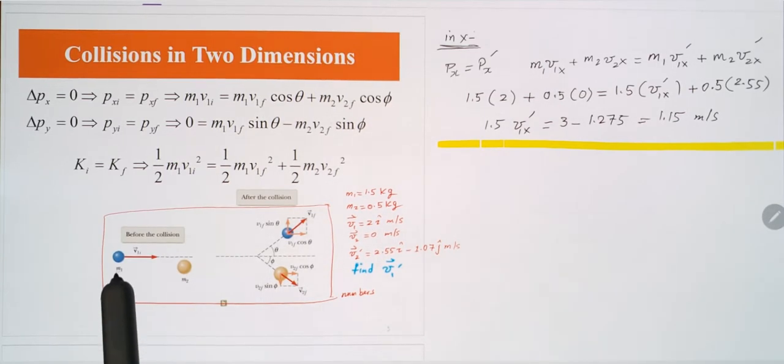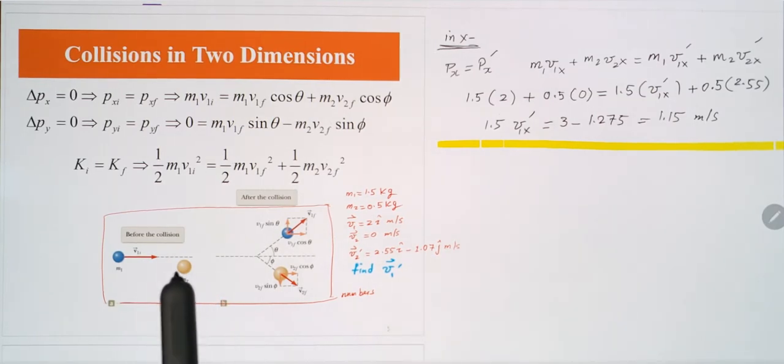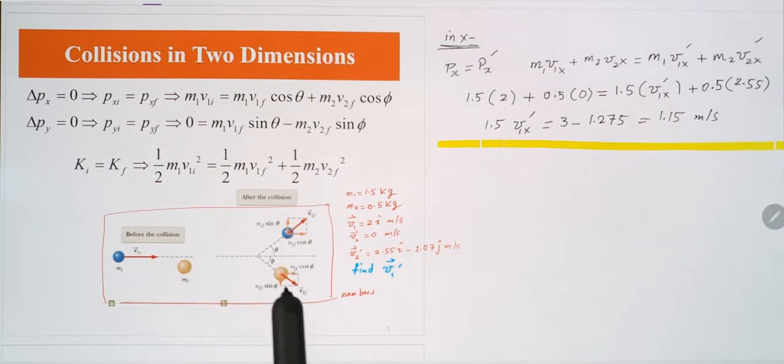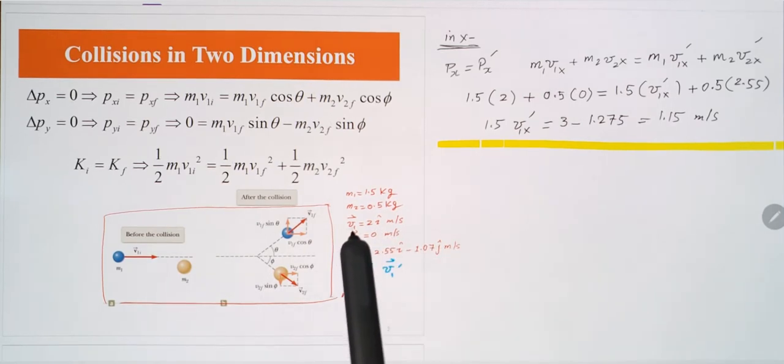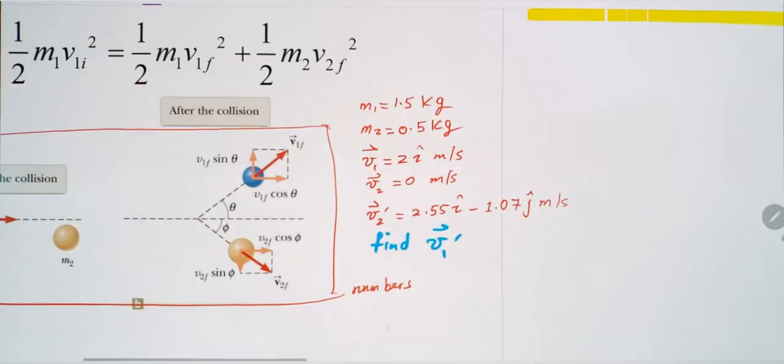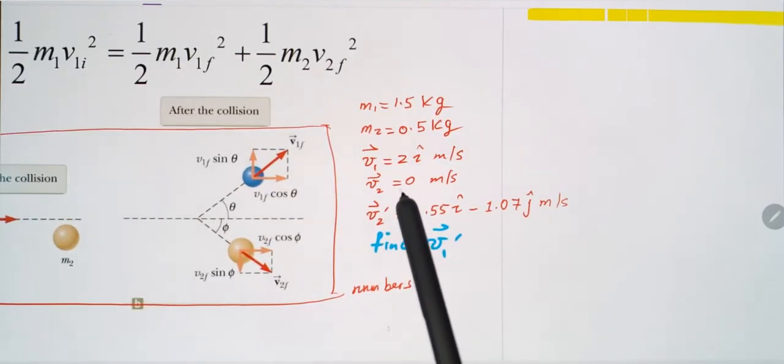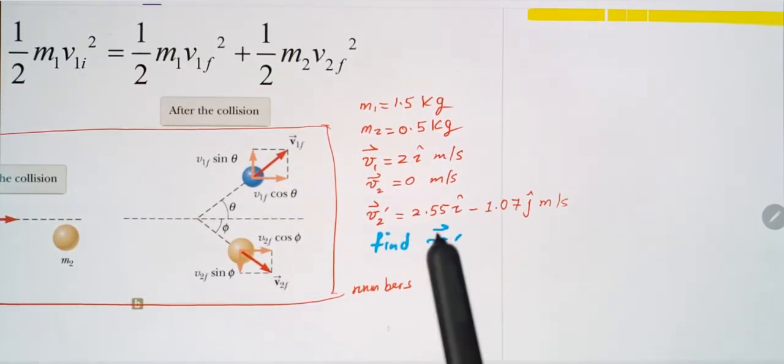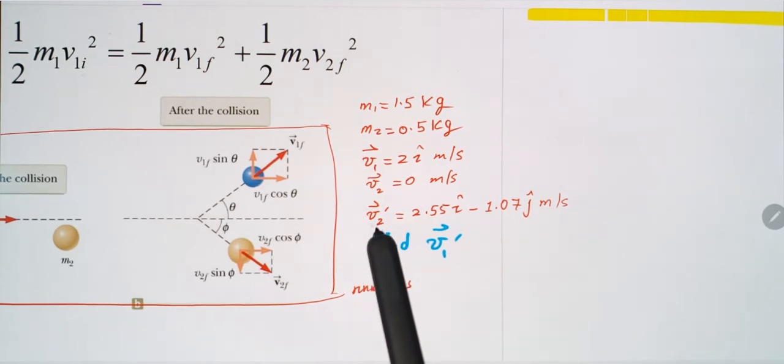The first object is moving, the second object is stationary, and then they collide. I gave you the masses, and I gave you V1, the velocity of the first object. The second object is stationary. And then I gave you the velocity of the second object after the collision.